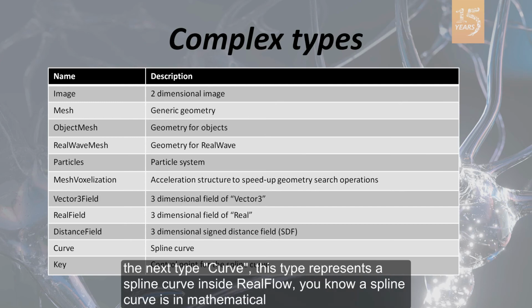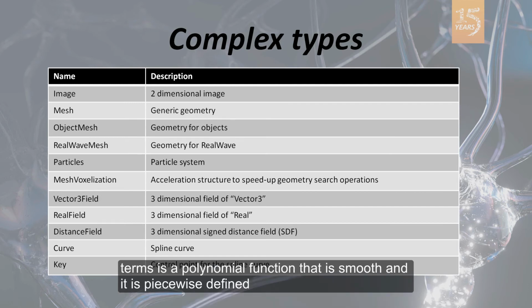The next type, curve. This type represents a spline curve inside RealFlow. You know that a spline curve is, in mathematical terms, a polynomial function that is smooth and piecewise defined.